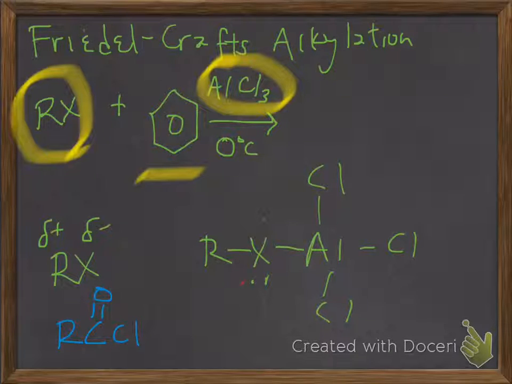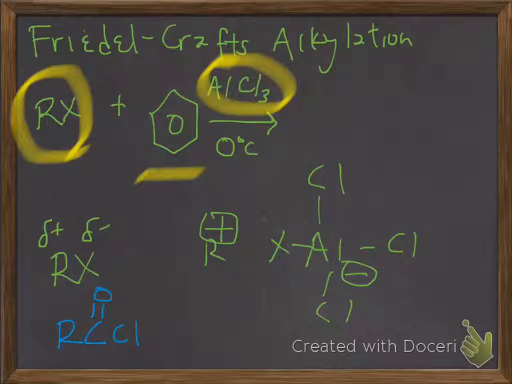What you can get instead is that this behaves much more, instead of looking and behaving like an alkyl halide, it looks and behaves like this, where the aluminum takes on a negative charge and it's coordinated to that R group, so it acts like it's a carbocation.